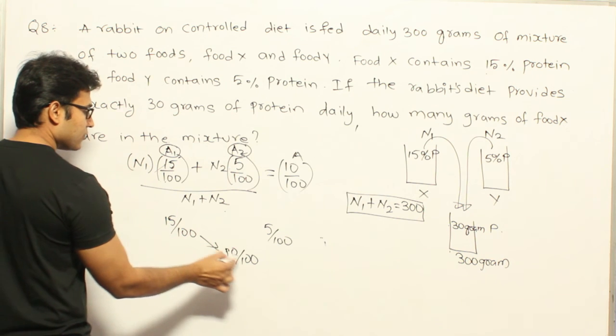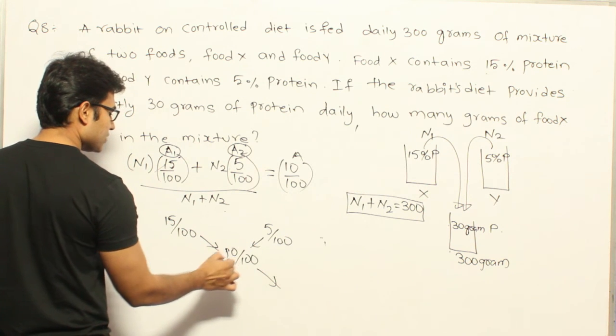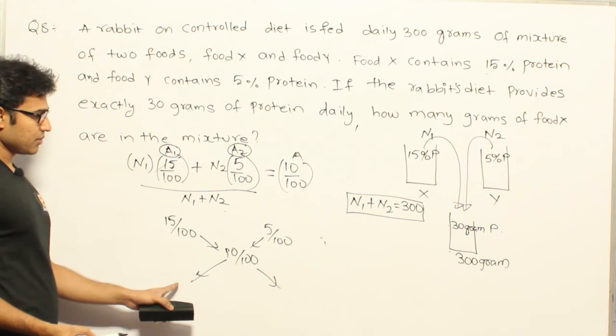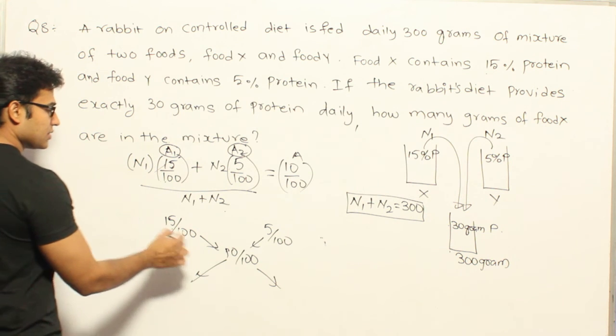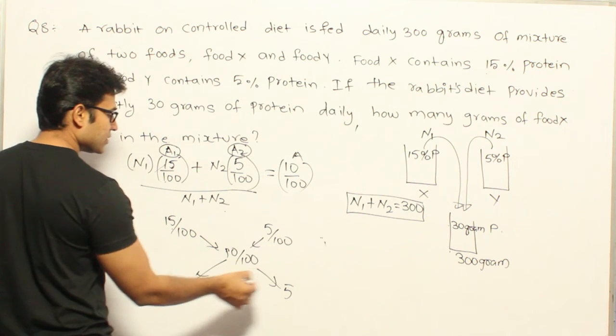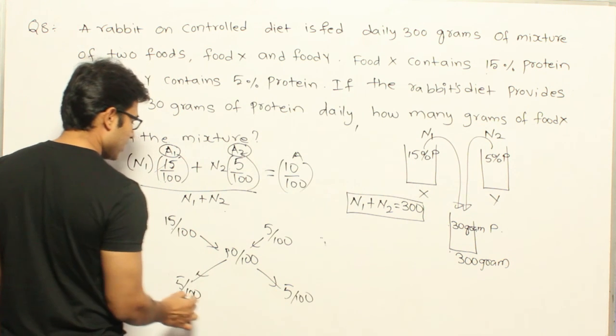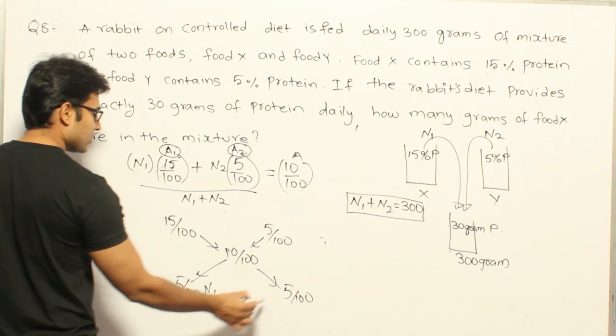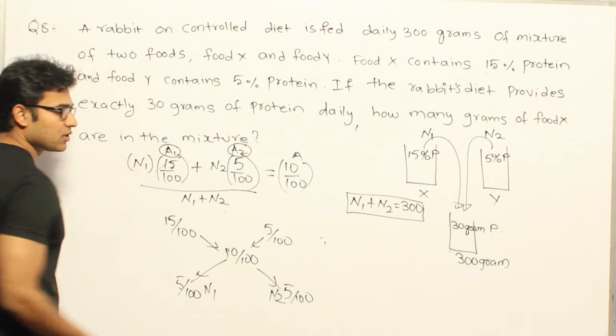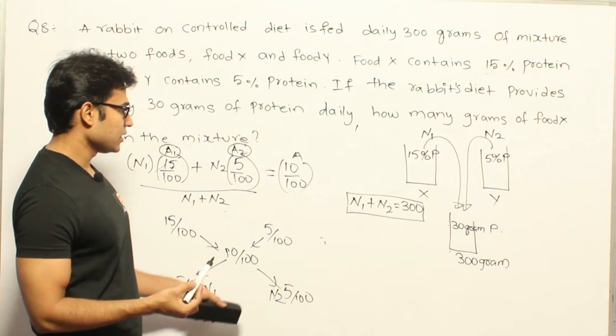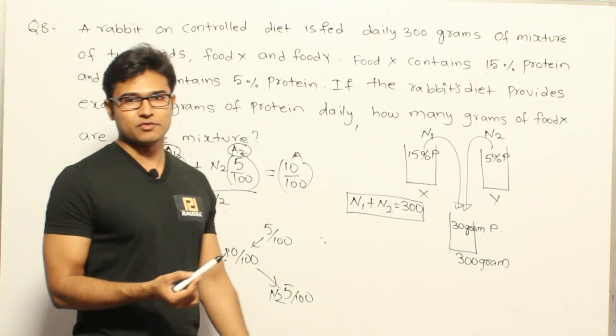And now you take the difference, write it here, you take the difference, write it here. That is nothing but N1 is to N2, right? So what is the difference here? 5. What is the difference here? 5. 5 by 100 and 5 by 100, right? Okay, now N1 is to N2, here you will get N1, N2. N1 is to N2 equal to 1 is to 1, right? Even here also you are going to get the answer as 150.